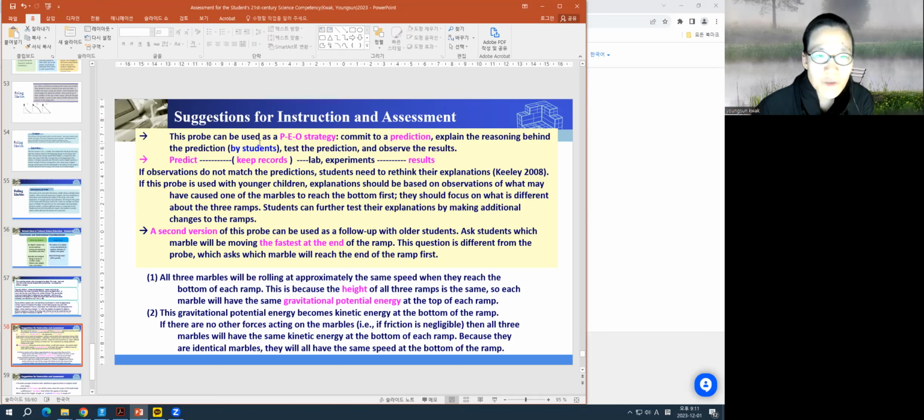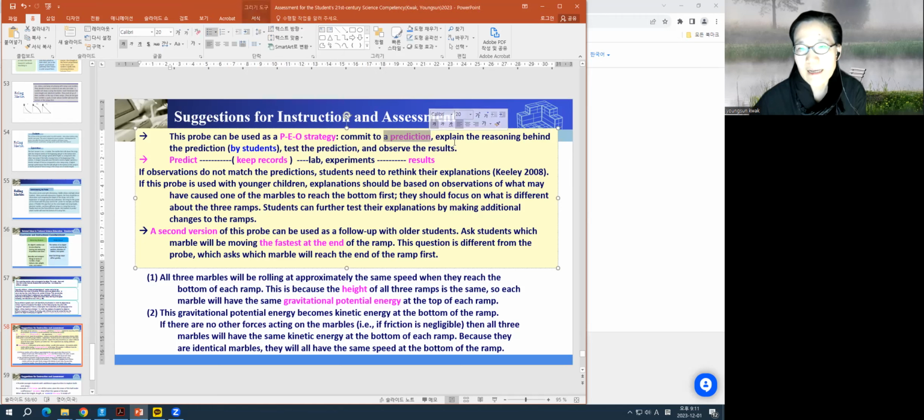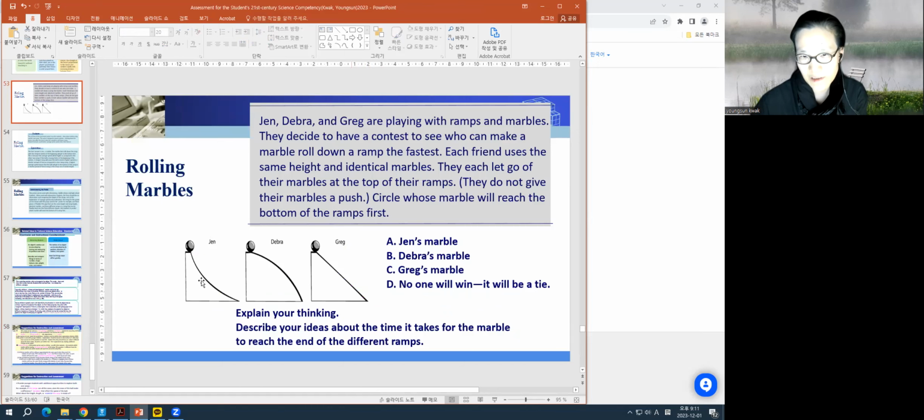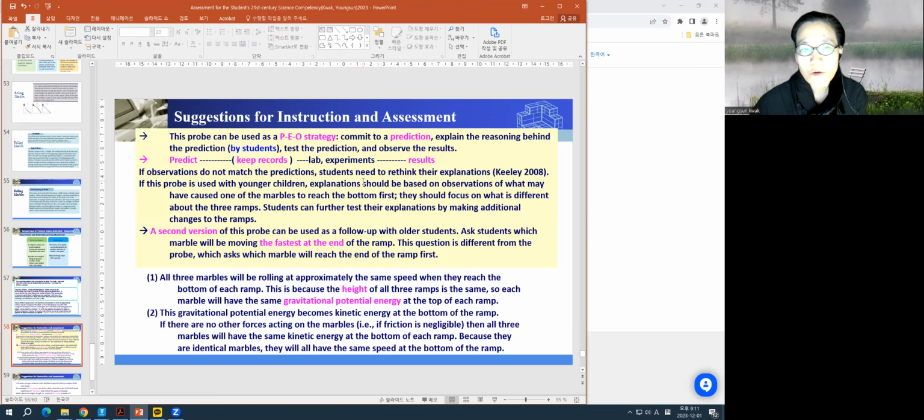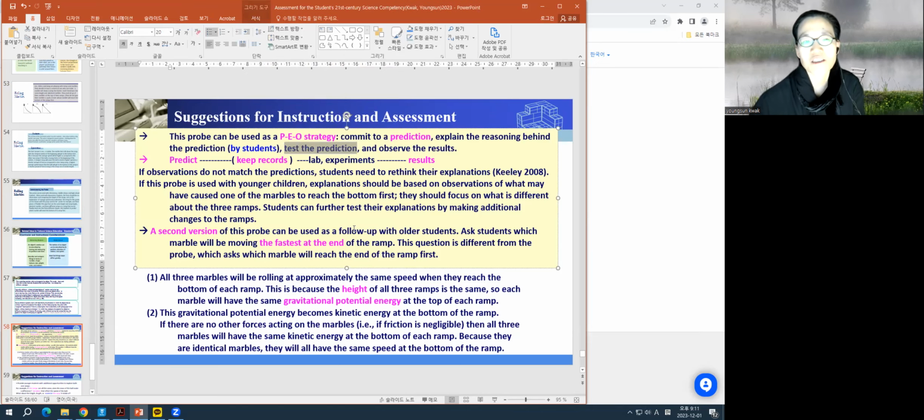This probe can be used as a PEO strategy. I mean, let your students make a prediction and then explain their reasoning. Which one hits the bottom first, A, B, or C? Let them explain why they thought that way, and then test the prediction.